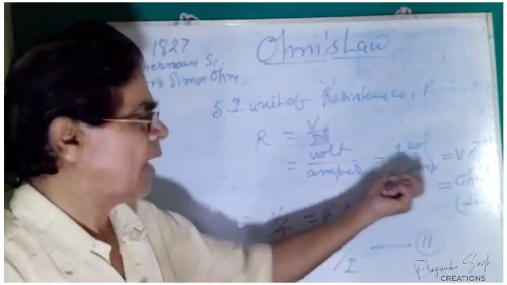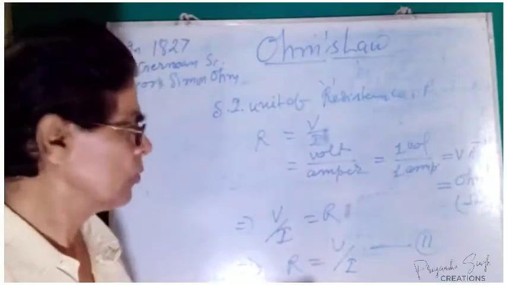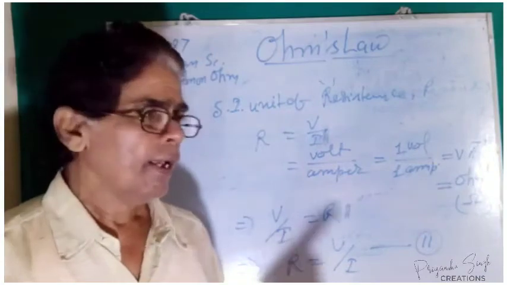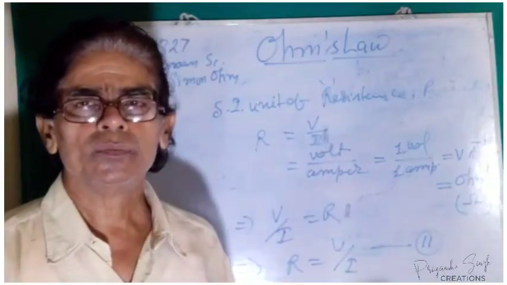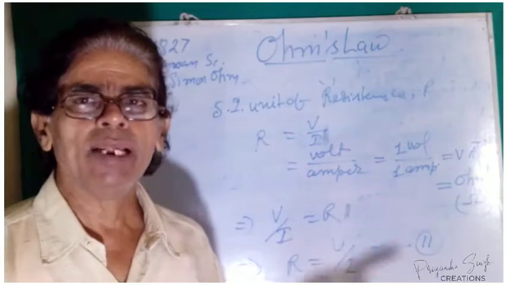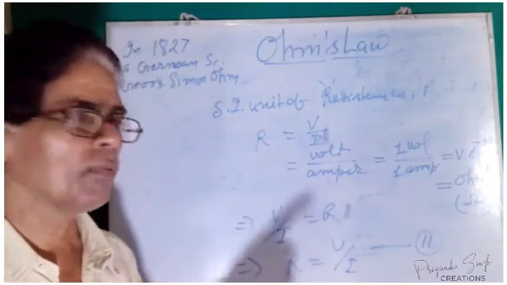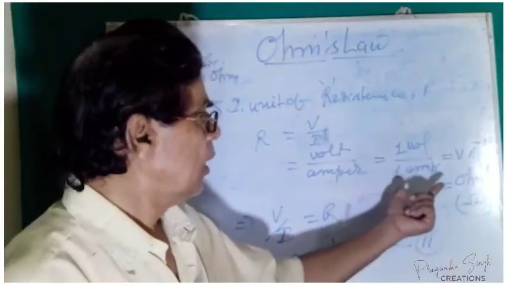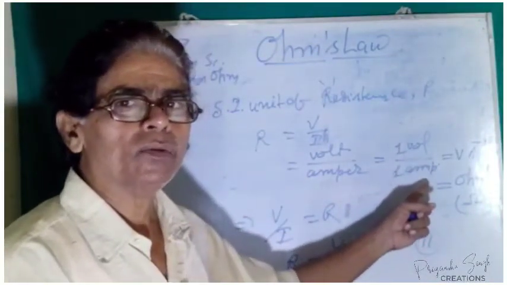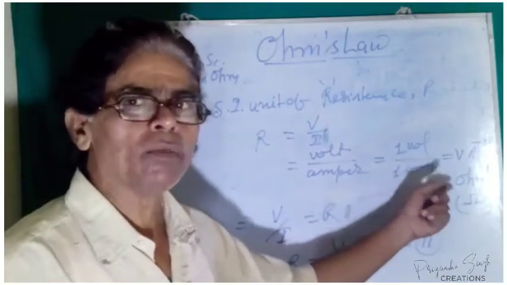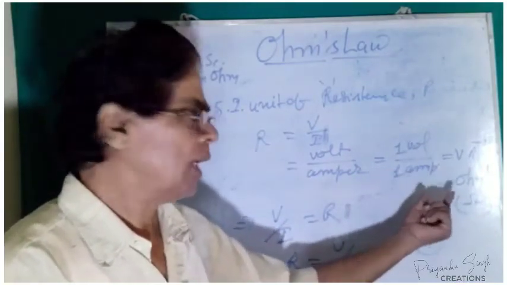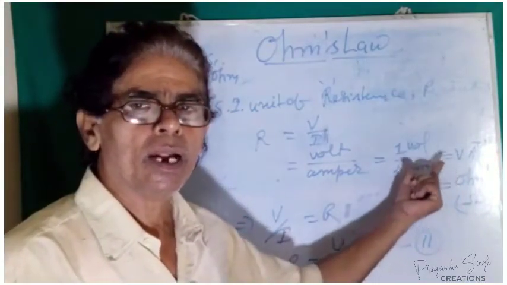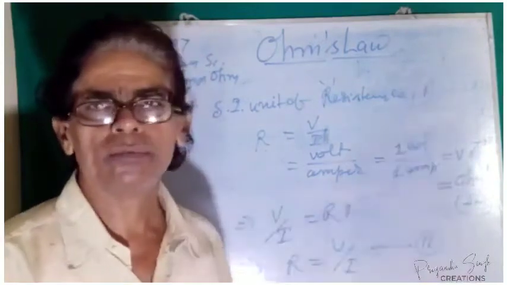So, if we want to define 1 ohm of resistance, what does it mean? If a resistor is given, the resistance of the resistor is said to be 1 ohm if a current of 1 ampere passes through the conductor when the potential difference between the two terminals of the resistor is 1 volt.